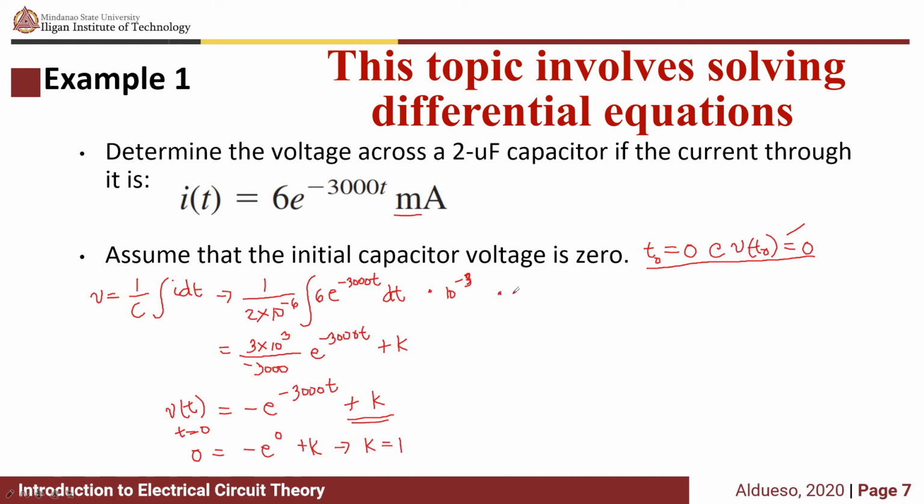So our v is just equivalent to 1 minus e to the negative 3000t volts.